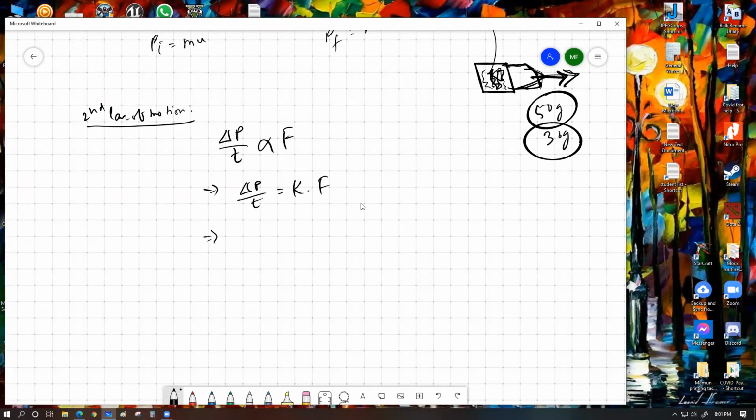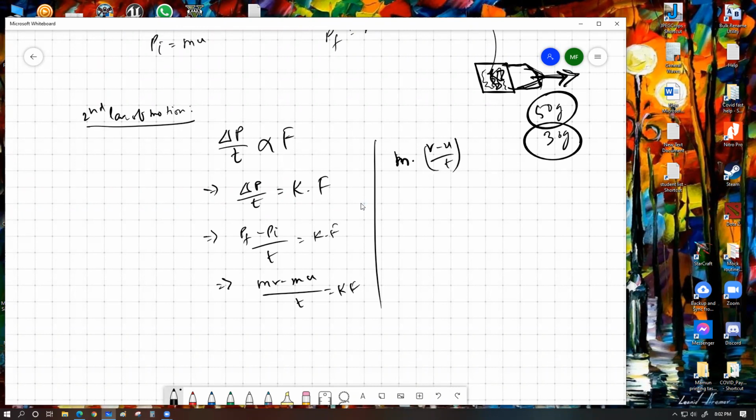This would be given by final momentum minus initial momentum divided by time equals k into F, which gives us mv minus mu divided by time equals kF, which gives us m multiplied by v minus u divided by t. What I'm doing is taking the m common and writing v minus u divided by t as a single expression for obvious reasons, because I want to replace this by acceleration. So ultimately I get mass into acceleration equals that constant k into F. So this is the equation that we reach.